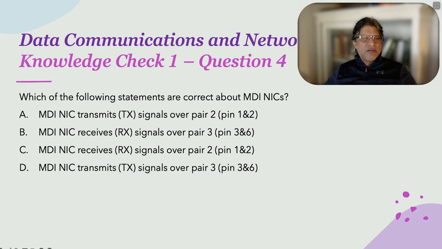Or C, the MDI NIC receives signals over pair 2. And D, MDI NICs transmit signals over pair 3. So there could be multiple answers here. Okay, so let's think about it for a few seconds before we look at the answer.